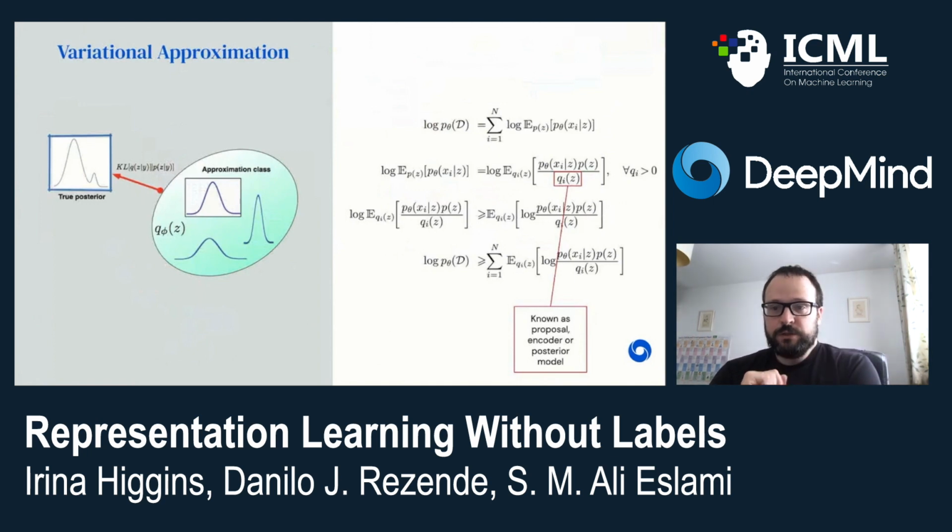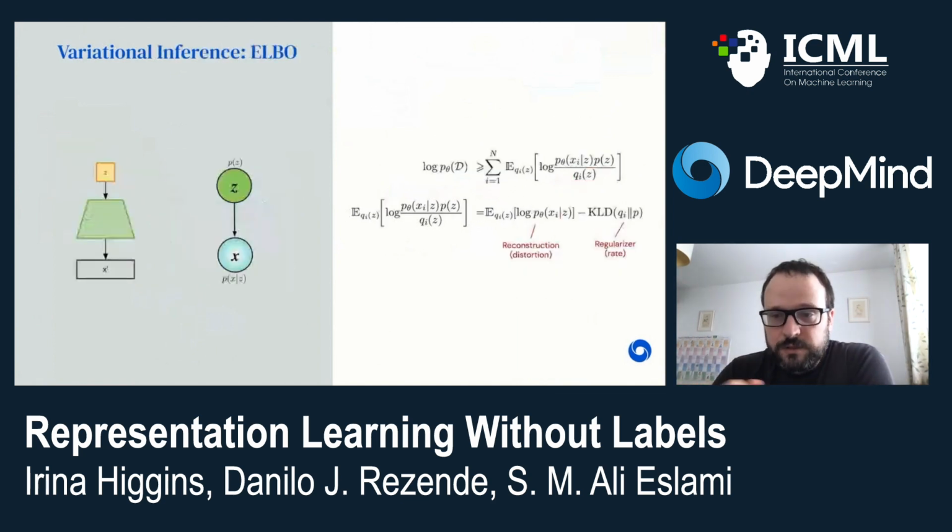So in practice, what we do is introduce a test density, which is easy to sample from, also called proposal or encoder or variational posterior model, and apply an inequality based on the concavity of the log function to derive a lower bound on the likelihood. Again, this is just a derivation of the bound I showed a few slides ago on f-divergences.